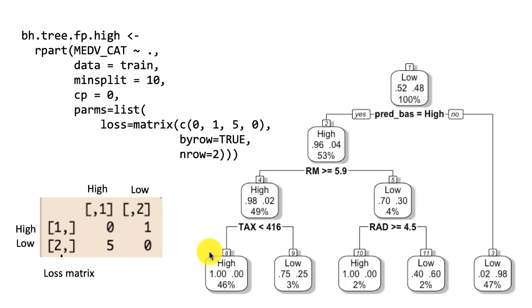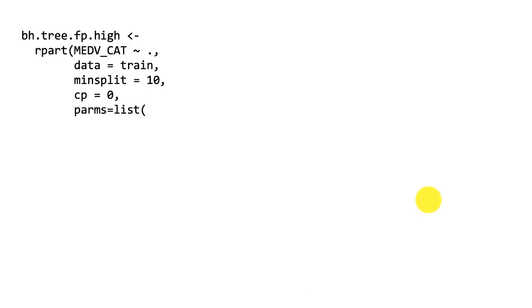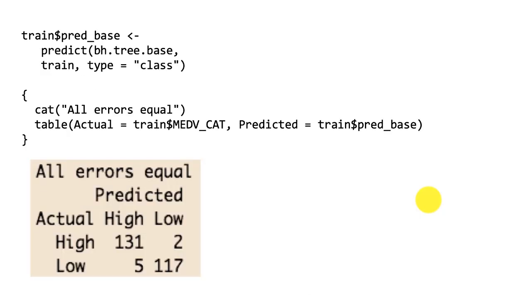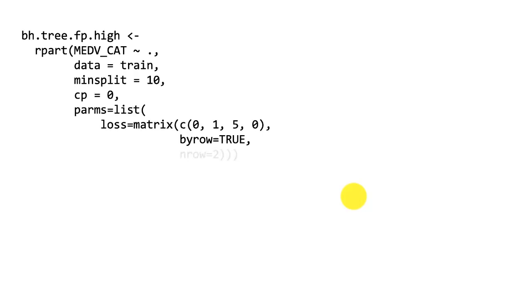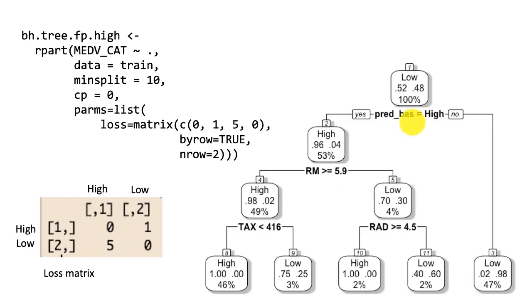It's adjusting how it calculates the Gini index based on these costs, and therefore it comes out with a different tree now. Of course, we would expect that the error matrix this tree gets is going to be different from this error matrix. This error matrix was based on symmetric costs, whereas this one is based on asymmetric costs of a certain type.